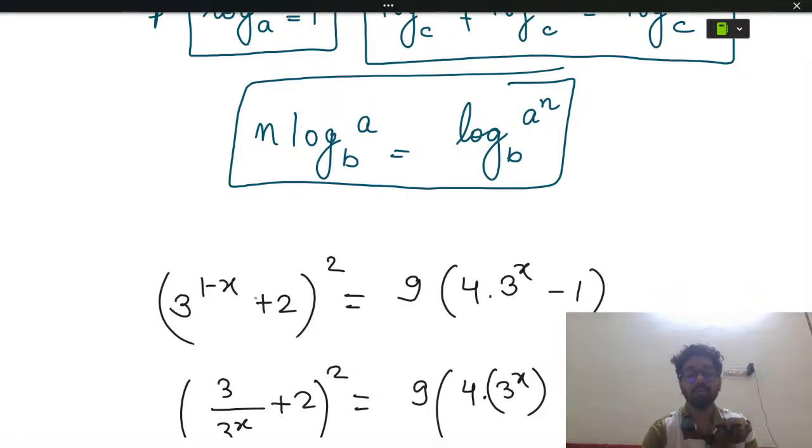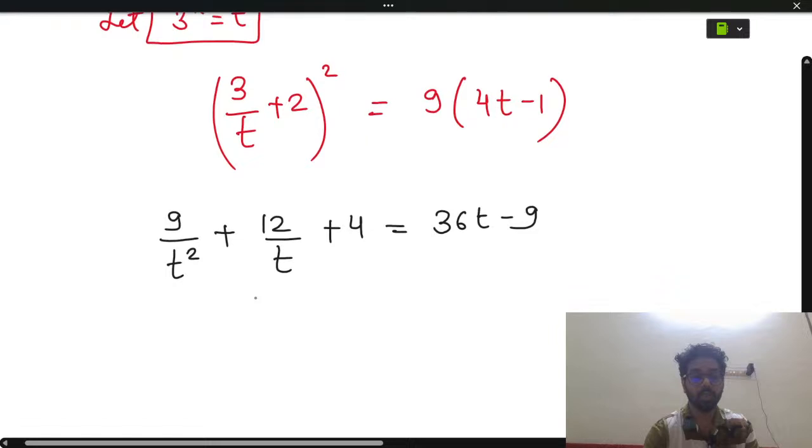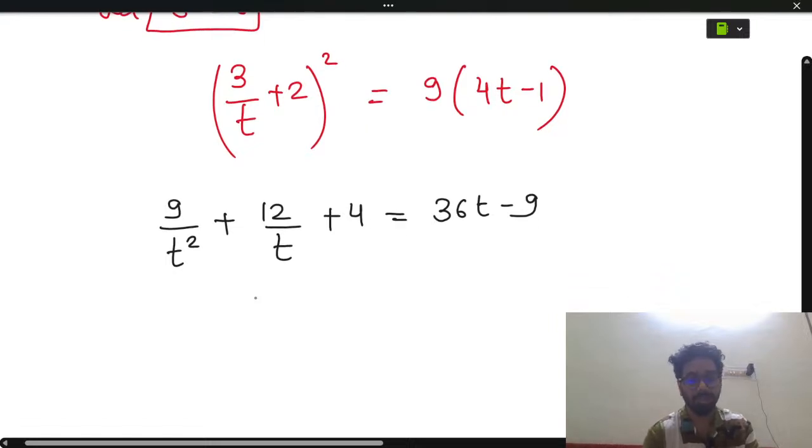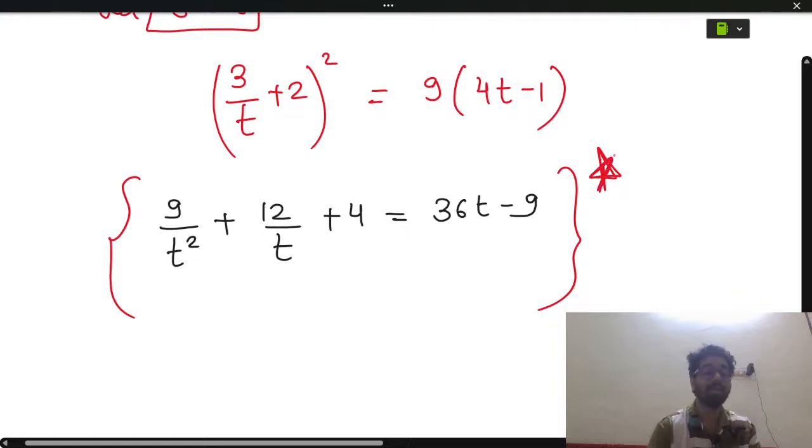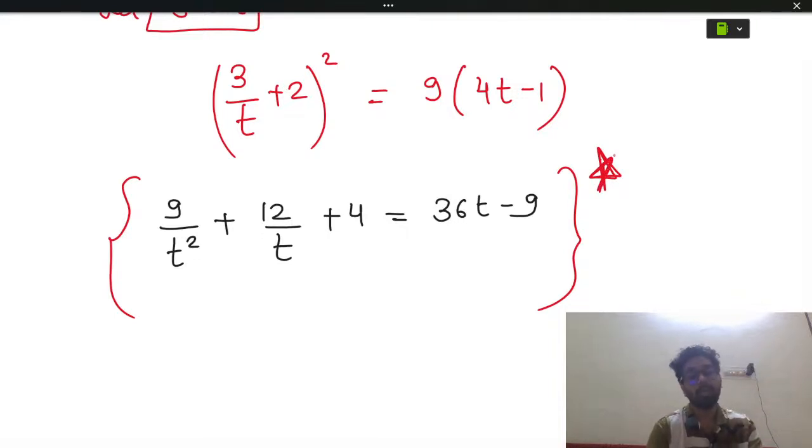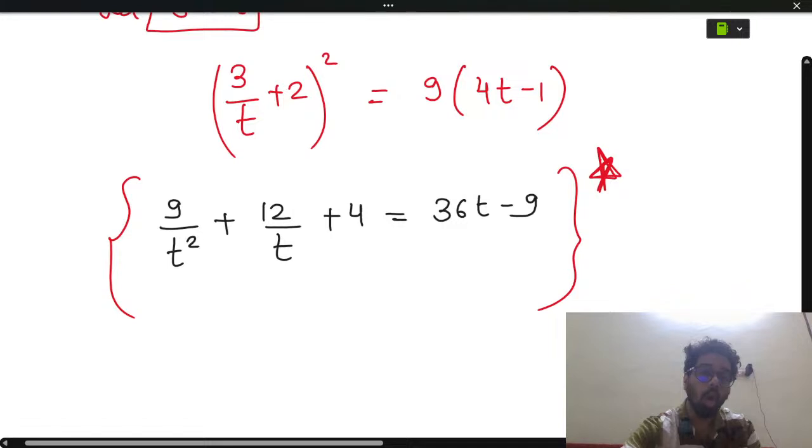Now after this we are getting this equation. The question is how we can solve from here. From here you have to figure it out. I have helped you a lot with this question. At the end of the session, or maybe in some other session, I'll give you the answer, but you have to solve it by yourself.